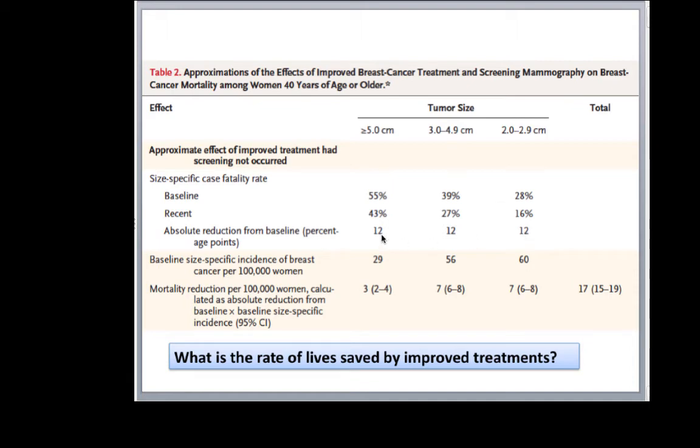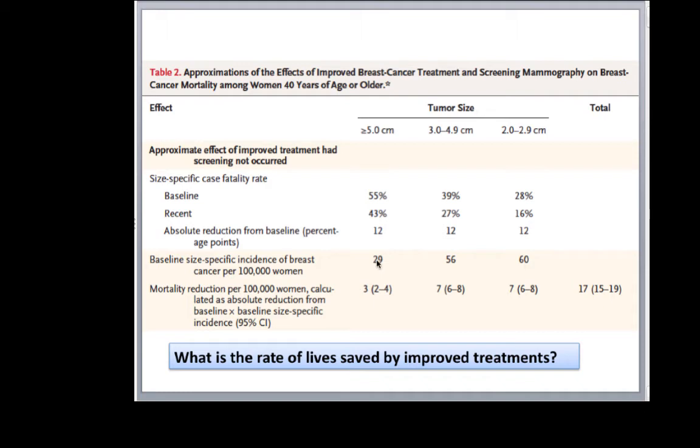By the way, this 12 really should be 12% written here. They then multiplied that 12% by the incidence of these different tumors. They're able to calculate the incidence of these tumors per 100,000 women: 29, 56, 60.